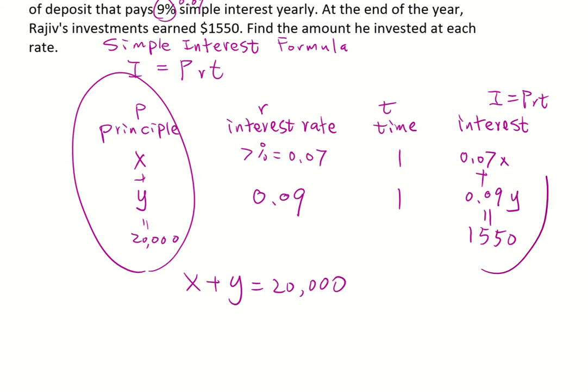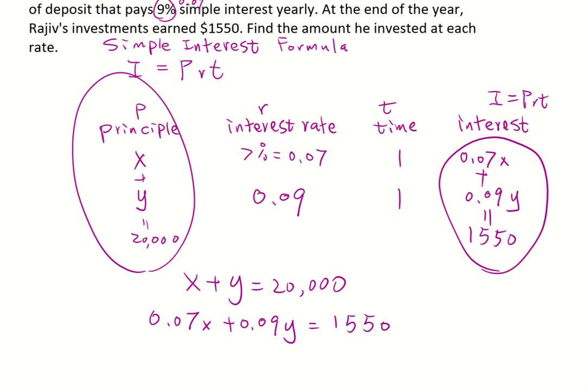The second equation coming from this column, 0.07X plus 0.09Y equals 1,550. So now that we have a system of equations, we can solve for X and solve for Y.